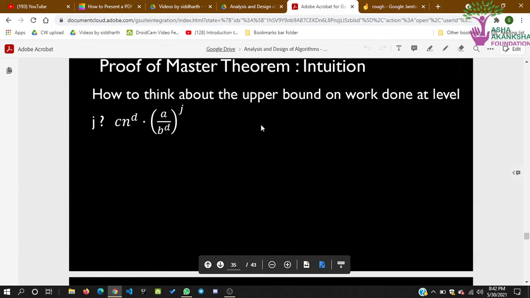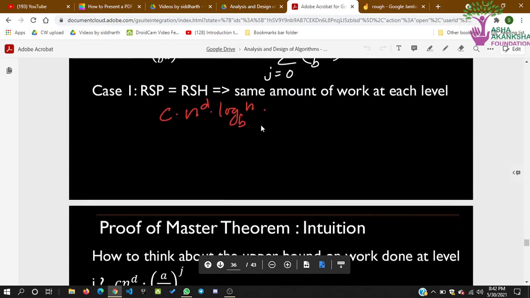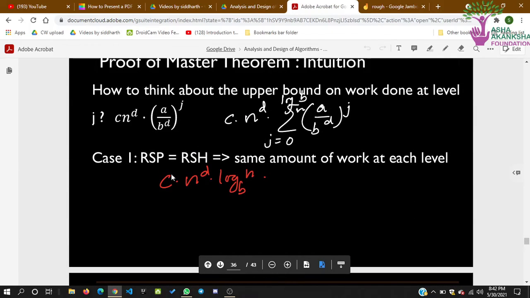Now, how to look at it intuitively? Suppose that the rate of spawning, that is a, is equal to b raised to power d, the rate of shrinkage of work done. That is, the number of subproblems generated is equal to the amount of work distributed to each subproblem.